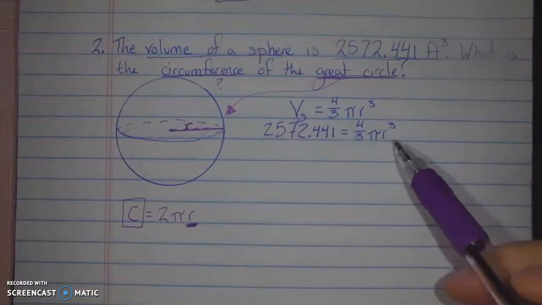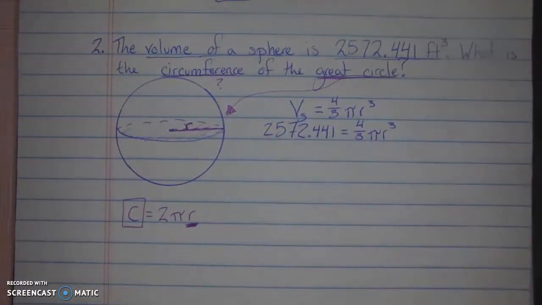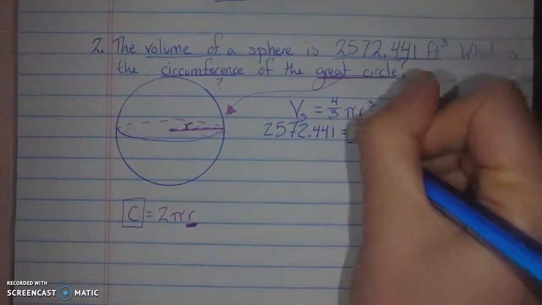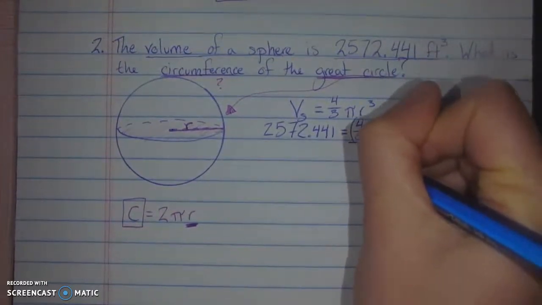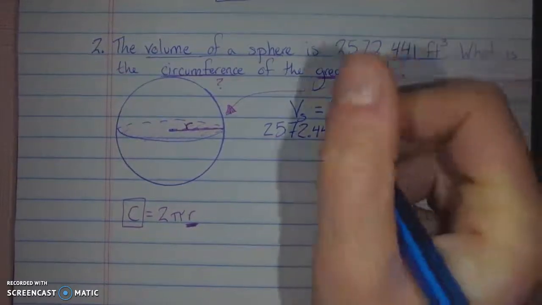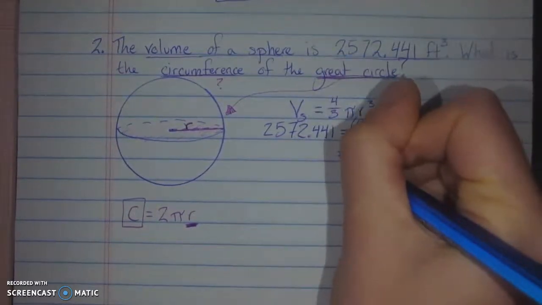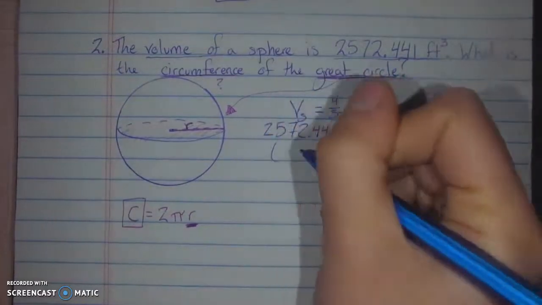Again, I have this formula that I can solve and I can get r by itself. So the first thing that I'm going to do is I'm going to divide both sides by 4/3 pi so I can get r by itself. Now you might want to do this in 2 stages. It's up to you so that you don't accidentally lose some parentheses or anything.